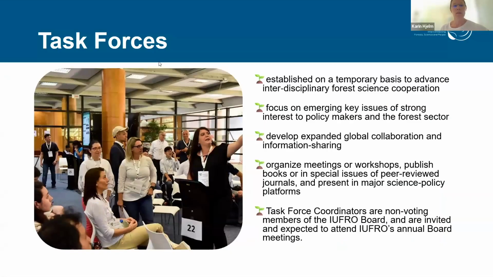And then there are also those task forces that are established on a temporary basis and focus on emerging key issues. And they organize meetings and workshops and could publish books or special issues of peer-reviewed journals, and so on.